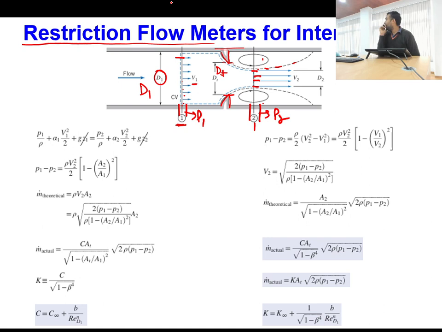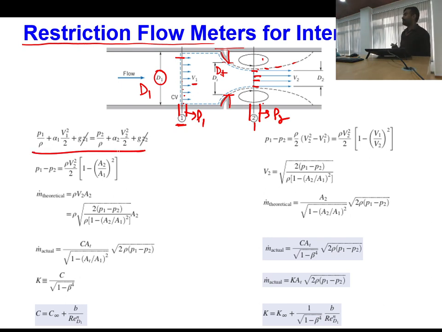So what we need to do now is apply the Bernoulli equation, because whatever assumptions we have made are nothing but satisfying the criteria of Bernoulli's equation. Alpha 1 and alpha 2 have some meaning, but I am not going to discuss them at the moment, so skip them.